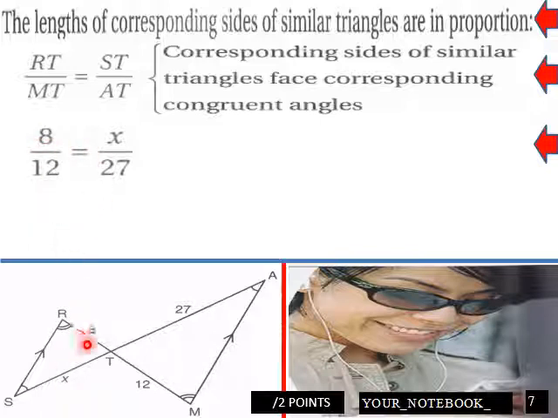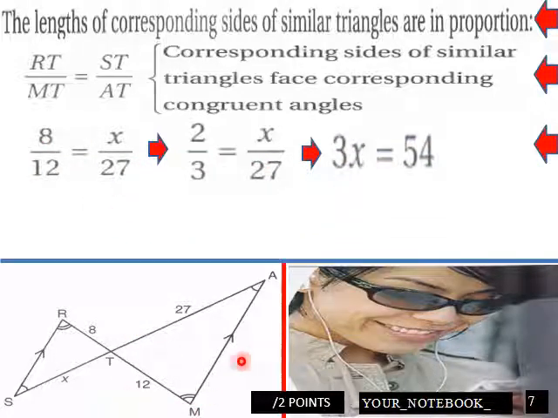8 over 12 equals x over 27. So now we have to cross multiply here on our proportion. So we have 2 over 3 equals x over 27. We can simplify that first. And then that equals 3x equals 54. Then x equals 18.